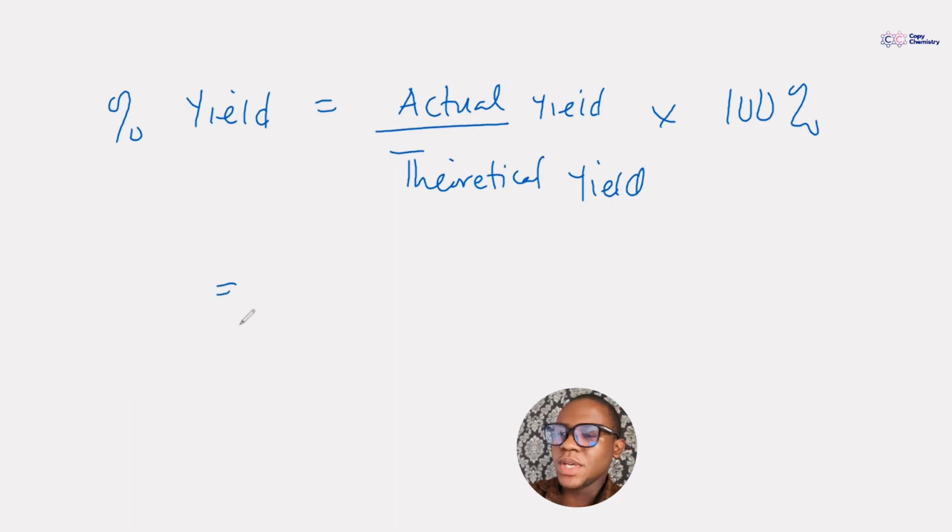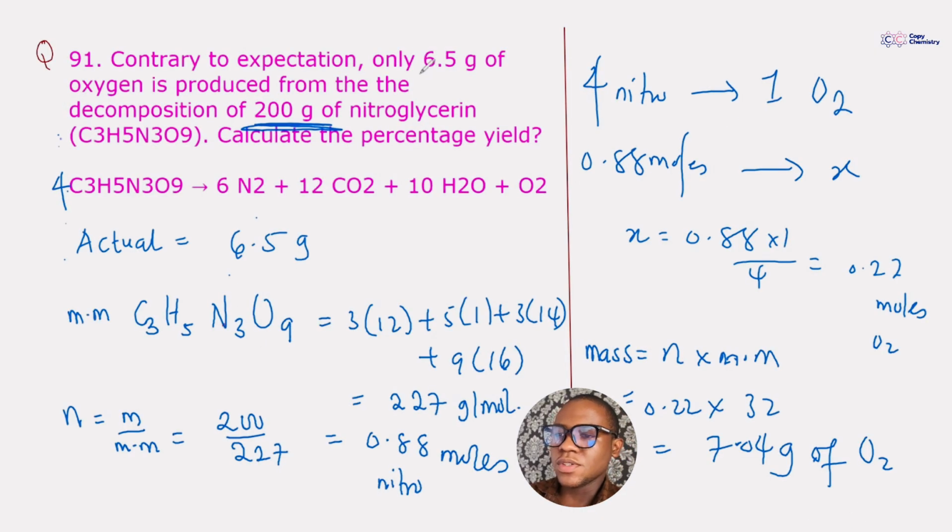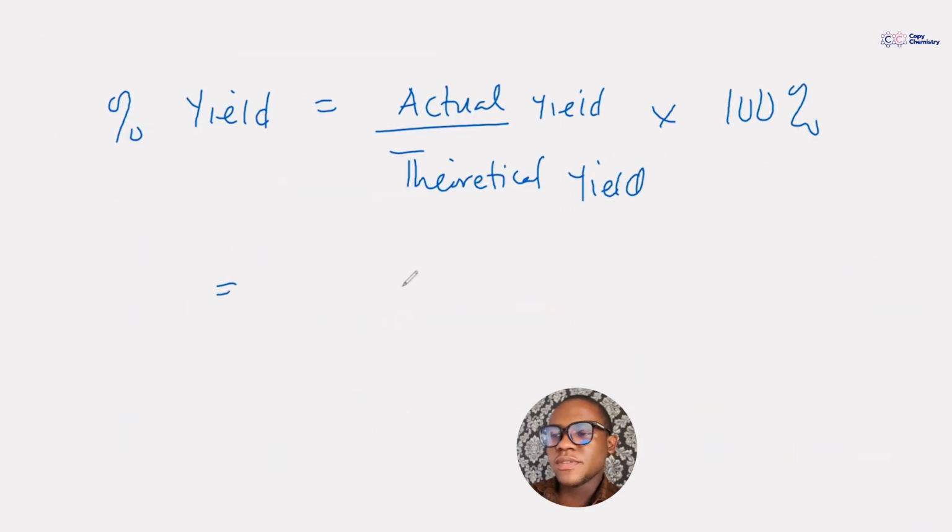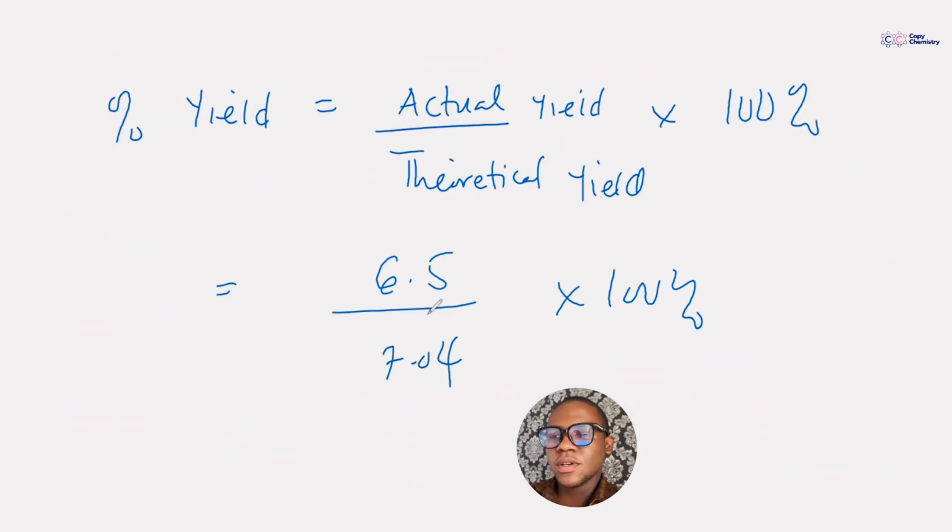So that would mean that the actual yield, which was given to us, 6.5 grams, should be divided by 7.04 times 100%. Your actual yield should be smaller than your theoretical yield. If the actual yield is higher than theoretical yield, it means that you're going to get a percentage yield greater than 100, and that will be really awkward. So yeah, here's your answer.